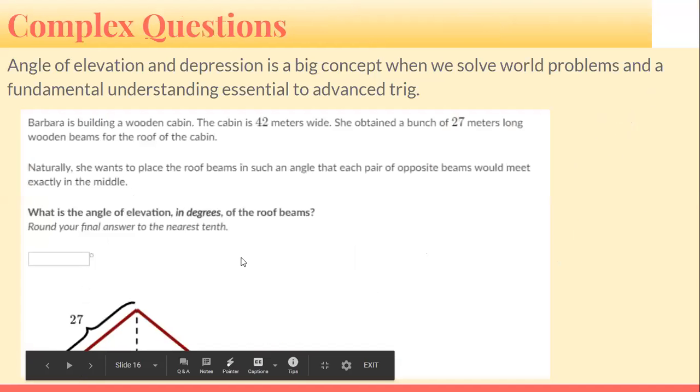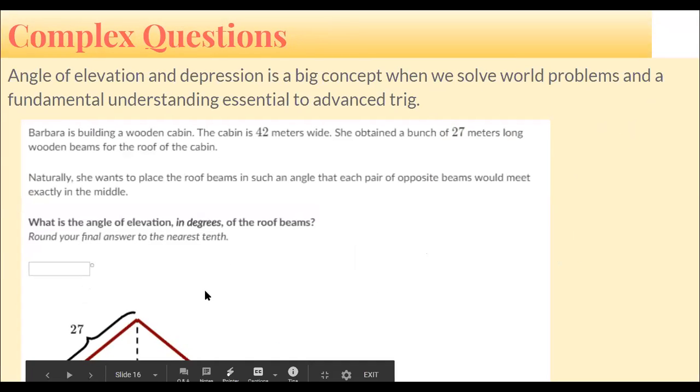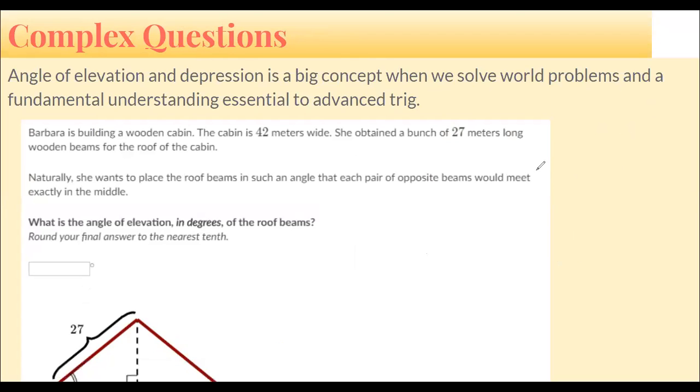All right, so let's look at this problem. This is a classic angle of elevation problem that you would encounter all your life, literally all your life. It says Barbara is building a wooden cabin.